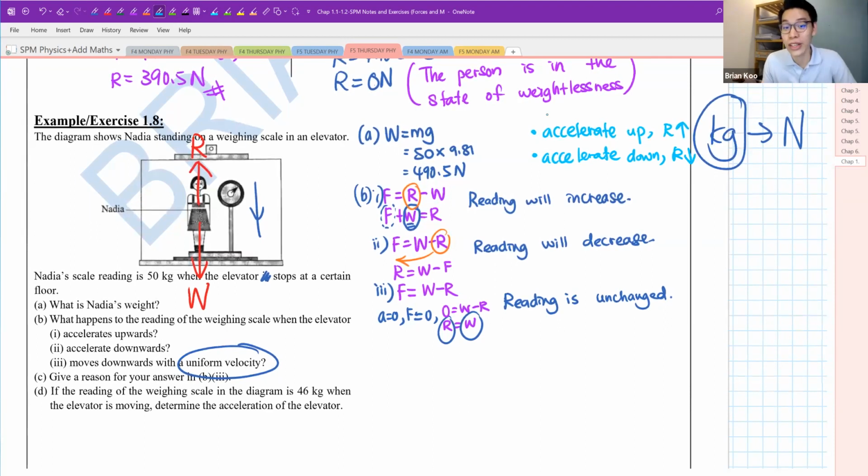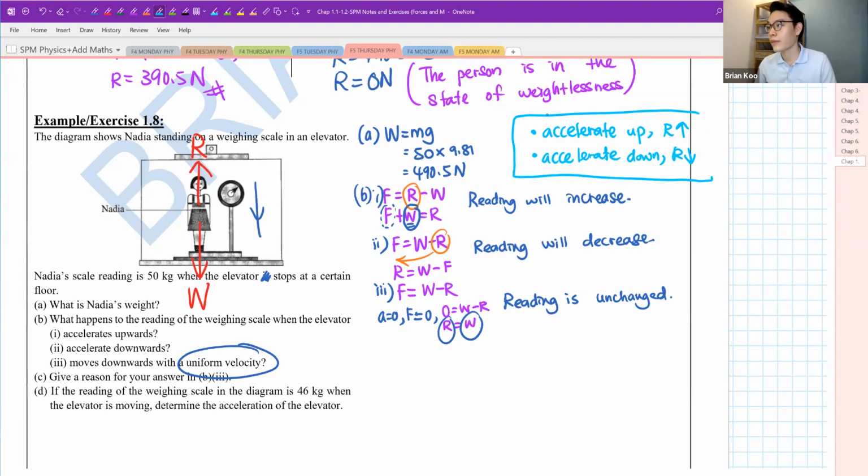It just so happens that it is the same way. When going up, your reading will increase. When going down, your reading will decrease. That is if you really want to memorize, you can remember it this way. But you can always derive it yourself by asking, what is the resultant force? Big force minus small force. And it's very easy to tell which is the bigger force.